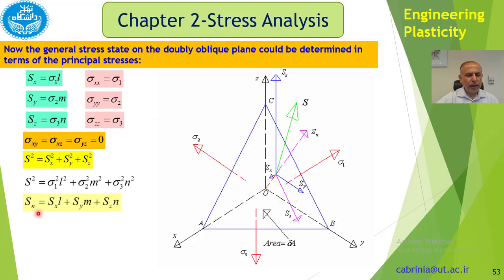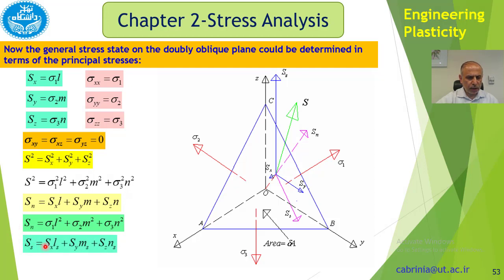And here also for the normal component of the stress, we had this. Therefore, if we substitute for Sx, Sy, Sz in these 3 components, then we get these, and that's the normal component of stress in terms of principal stresses.